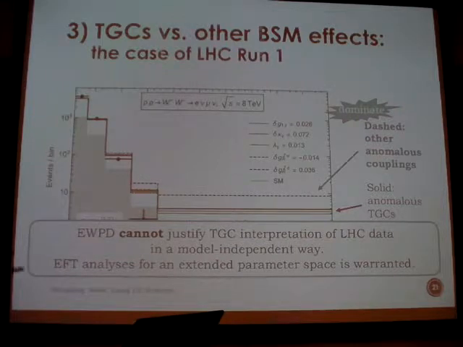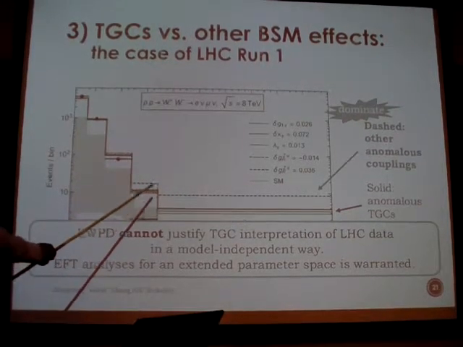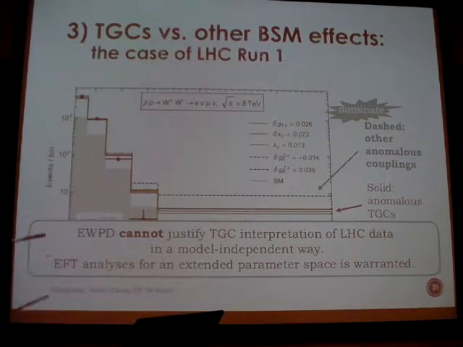We have been saying that the double gauge boson production measurement is interpreted as TGC measurements, but now we see, no, this is not the case anymore. And in fact, the TGC interpretation is no longer justified by electroweak precision data in a model-independent way.